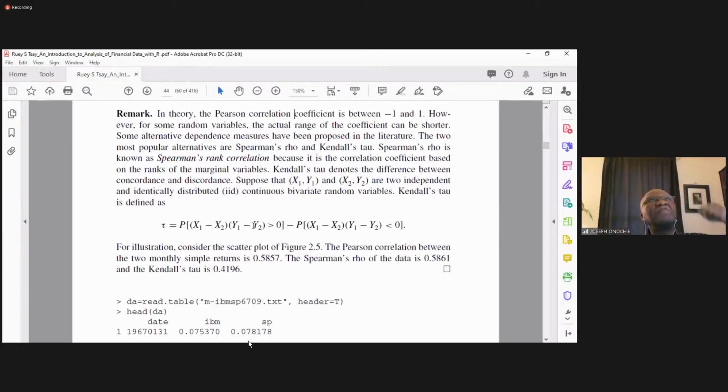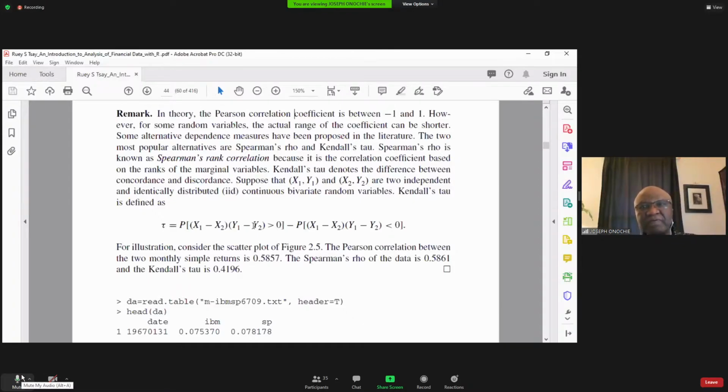So if going from one rank to the other you are going negative and the other one is going negative, and whenever you rank it the other way, it's going positive versus positive, that's concordance. The rankings are in agreement.